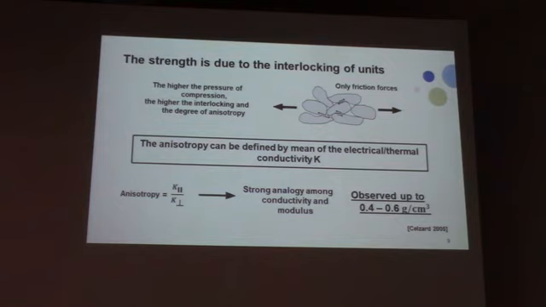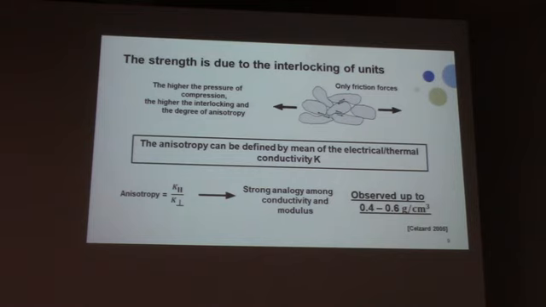And we can define the anisotropy in different ways. For example, we can use the thermal conductivity of this material. So we can say that anisotropy is the ratio between the conductivity in the in-plane direction of this material to the thermal conductivity in the through-plane direction.